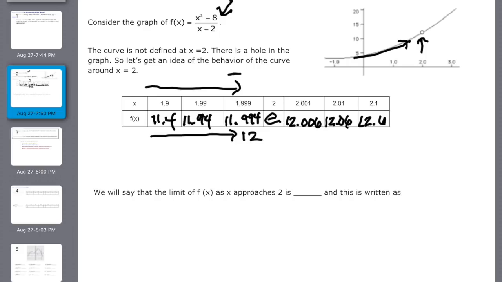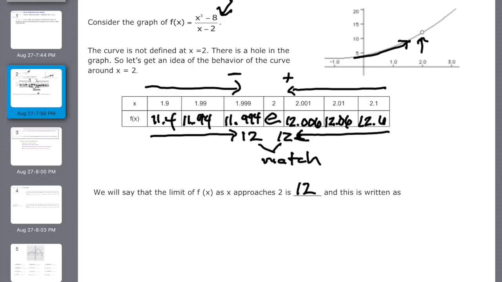So as our x value approaches that 2 from the positive or the right side, we call that the positive side, that means our y value, looking here in that habit, sorry that arrow's ugly, is also going to approach 12. Because these two match, we can say that the limit of f of x as x approaches 2 is 12.